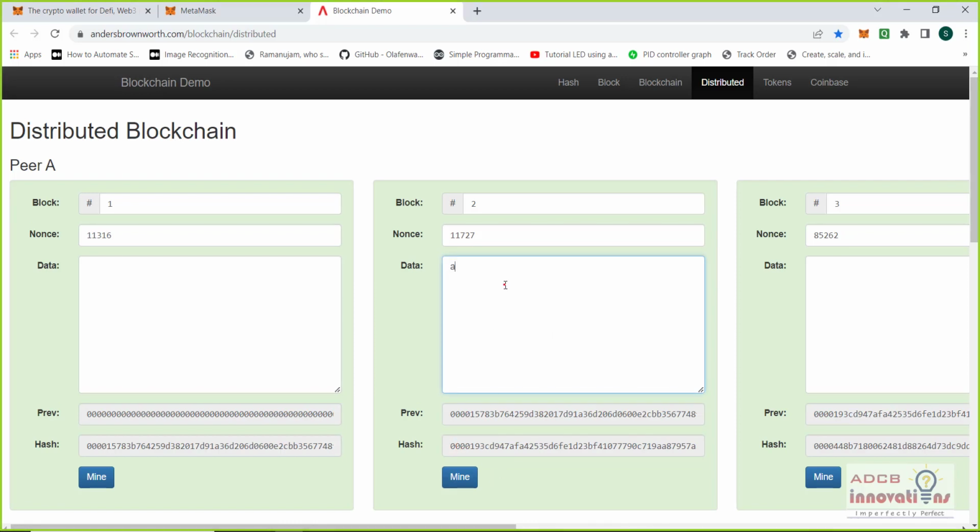When I add a B here, there is another hash, and when I mine this block, that hash will be different. You can see it is 0000F8 something, and when I move it back to the A, it is 0000193. And when I add B, it is something totally different.